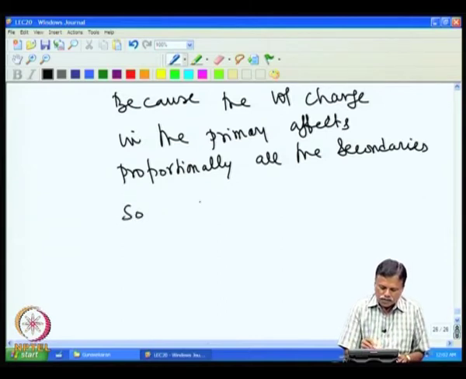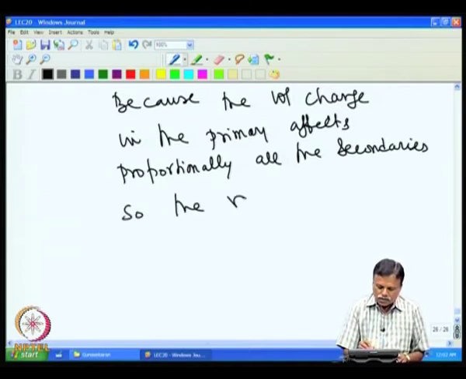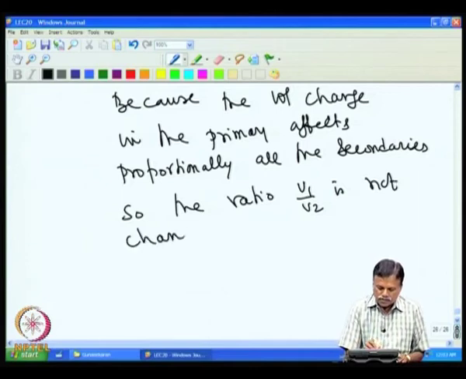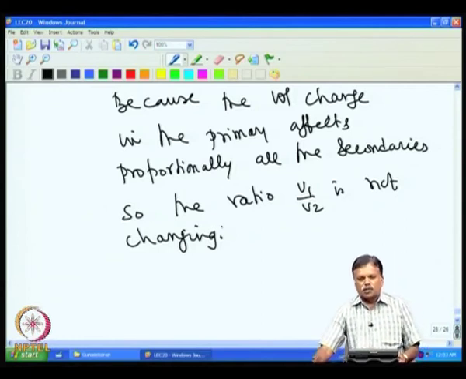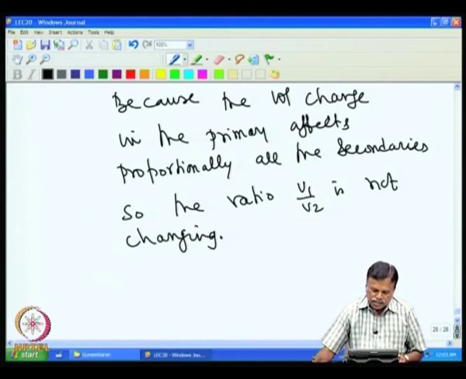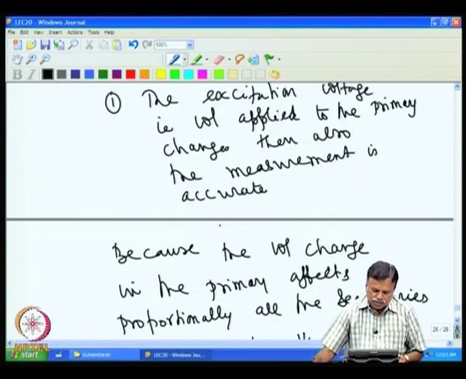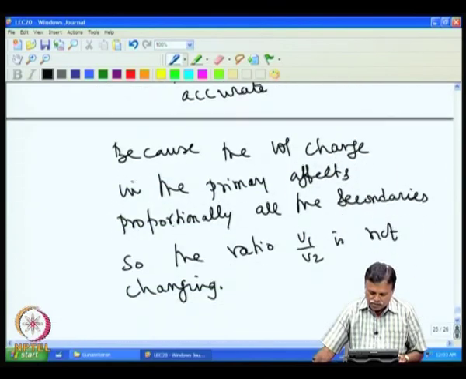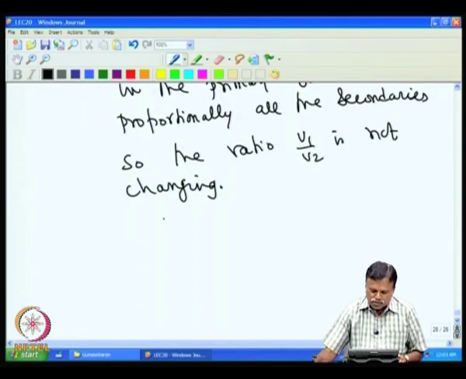So the ratio V1 by V2 is not changing. Because of this there is no measurement error even if the excitation voltage changes, and the voltmeter used for balancing also has no effect.